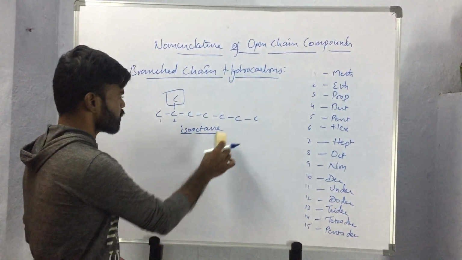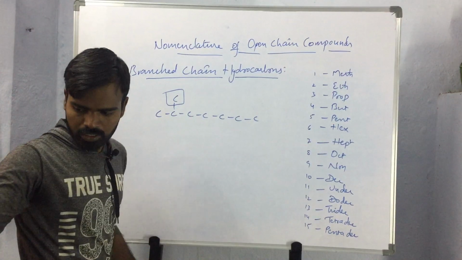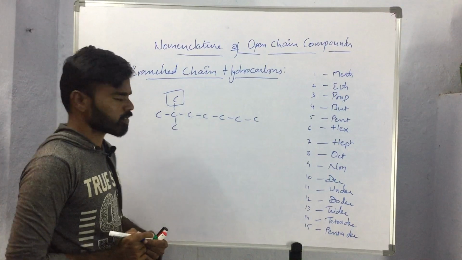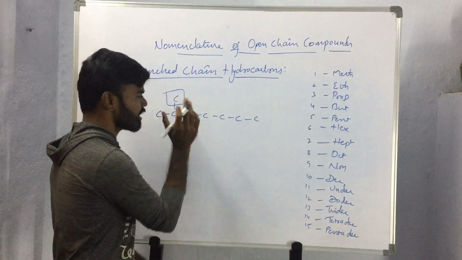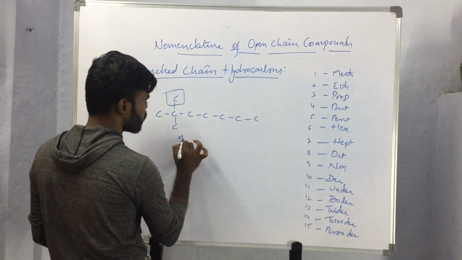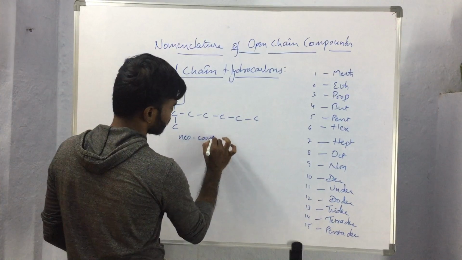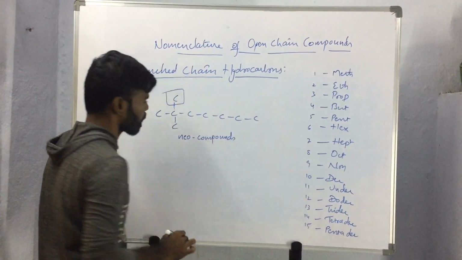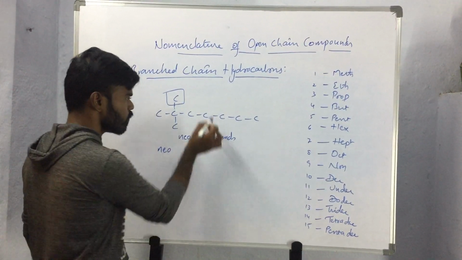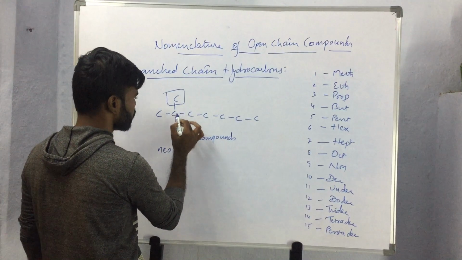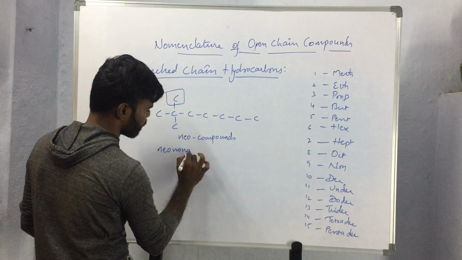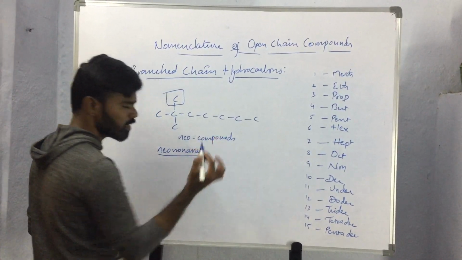Okay, let us consider the presence of two methyl substituents on the second carbon atom. In this condition, we will be naming the compound as neo compounds. So the name of the compound will be neo. As usual, we have to count all the carbon atoms: 1, 2, 3, 4, 5, 6, 7, 8, 9. Nonane. The name of the compound will be neo-nonane.